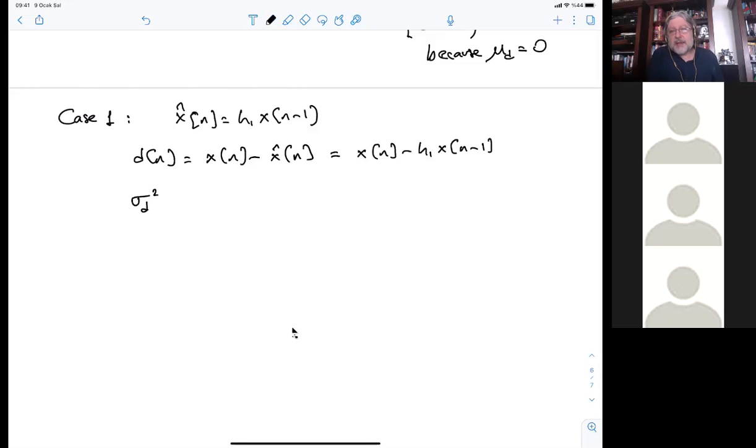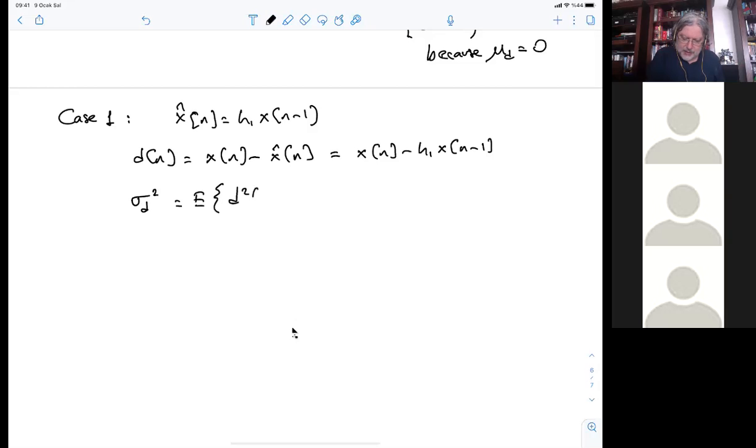That will correspond to the energy of the error, and you can also show that this difference must be zero mean. If it is having a persistent mean, an average, then the prediction would be a biased prediction, and it cannot be the optimal prediction. So it has zero mean, therefore the variance corresponds to the energy of it.